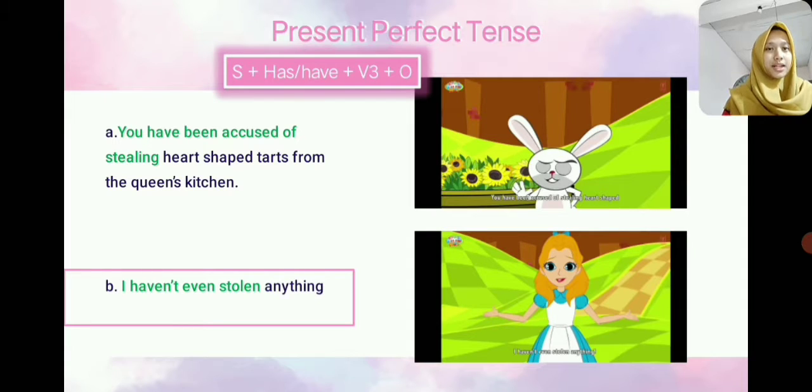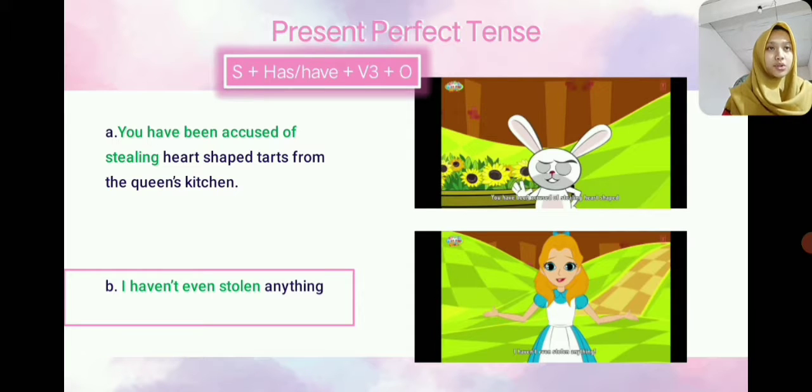Present perfect tense has the formula subject plus has or have plus verb 3 plus object. The example sentence: You have been accused of stealing heart-shaped tarts from the queen's kitchen. You is subject, have been accused is have plus verb 3, of stealing heart-shaped tarts is object.